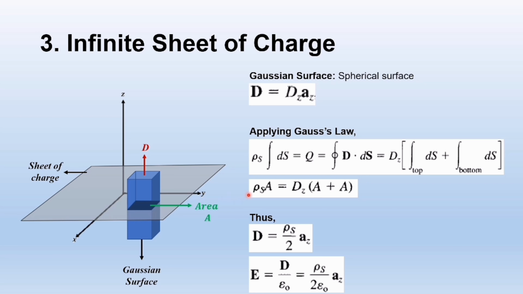If the top and bottom of the box each have area A, rho_S A equals D_z times A plus A. Thus, the electric flux density equals rho_S over 2 a_z and the electric field intensity equals rho_S over 2 epsilon naught a_z.